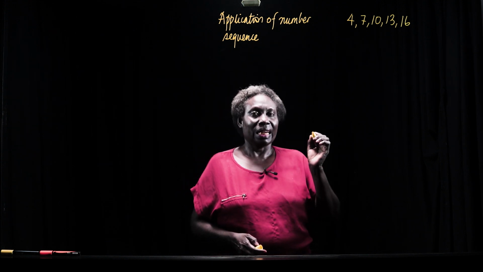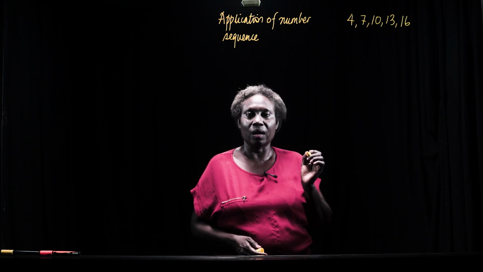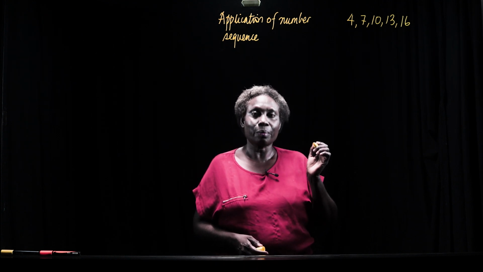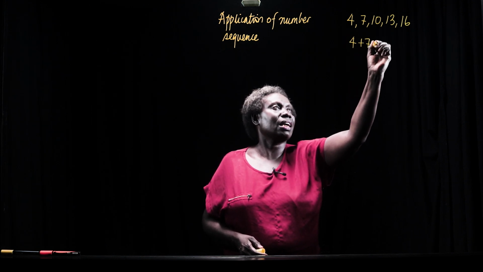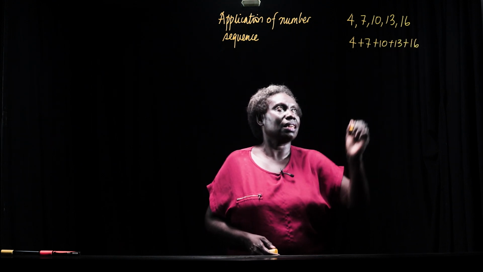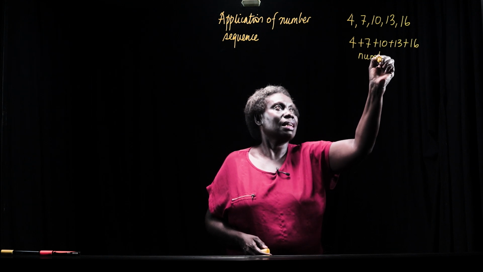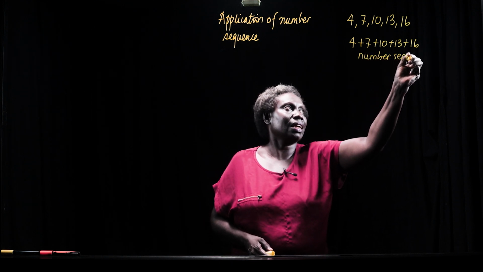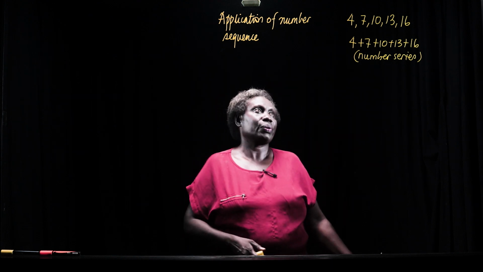When I add the terms in a number sequence, the sum of these terms is what we call the number series. We have 4 plus 7 plus 10 plus 13 plus 16. This is an example of a number series.